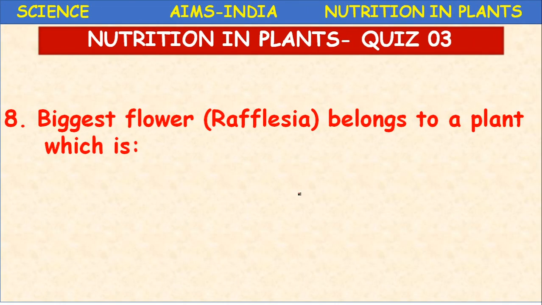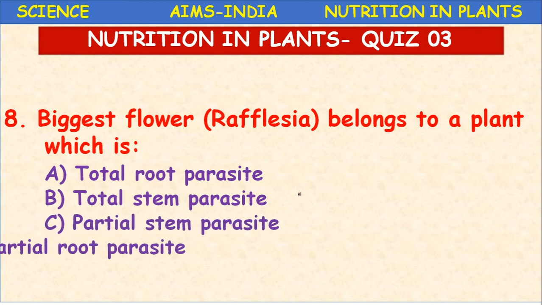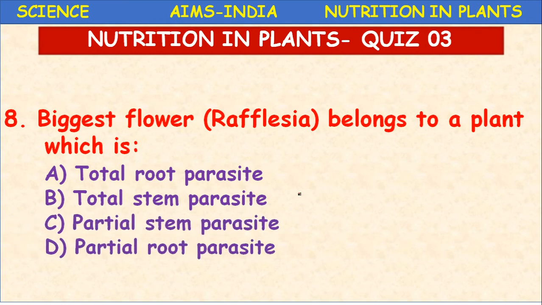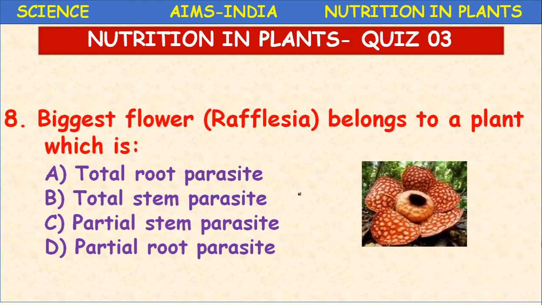Next, the biggest flower, Rafflesia, belongs to a plant which is a total root parasite, total stem parasite, partial stem parasite, or partial root parasite. So this is a Rafflesia.